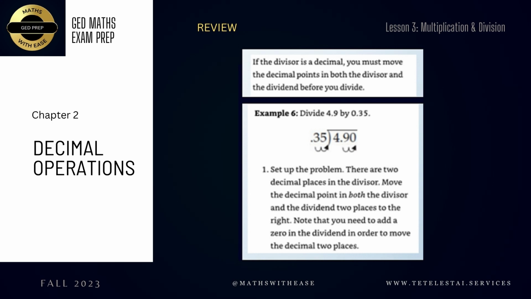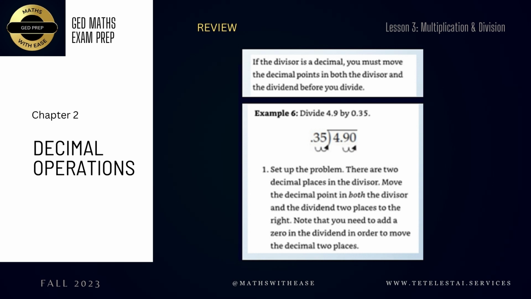You always want to start with your divisor because that's going to be king. That's the value, or the decimal number, that determines how many decimal places you need to move. Okay, so first start by writing 0.35, and then count the number of decimal places that you would need to move to the right to make 0.35 a whole number, right?